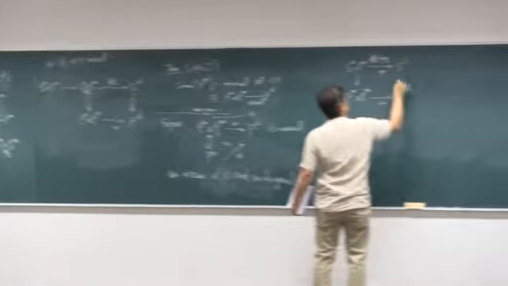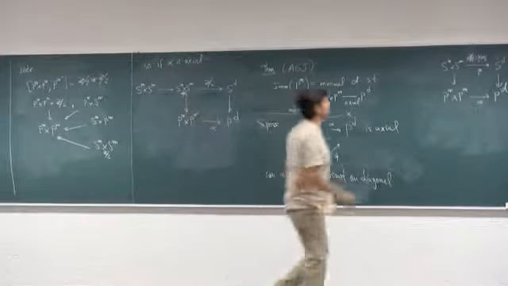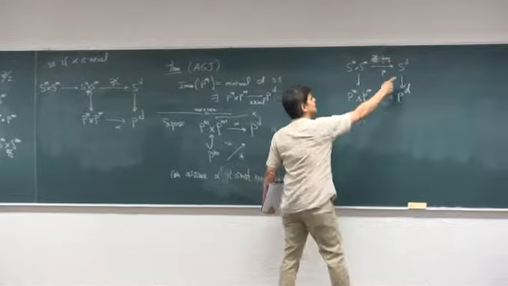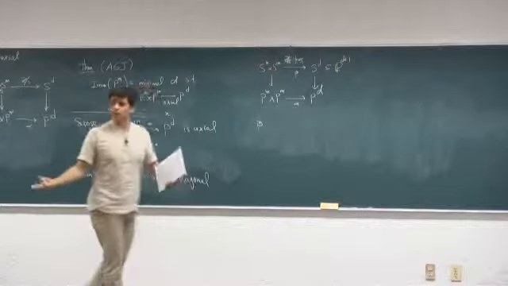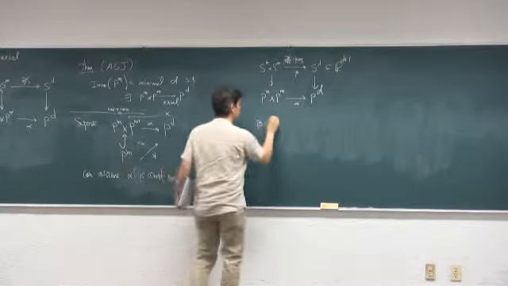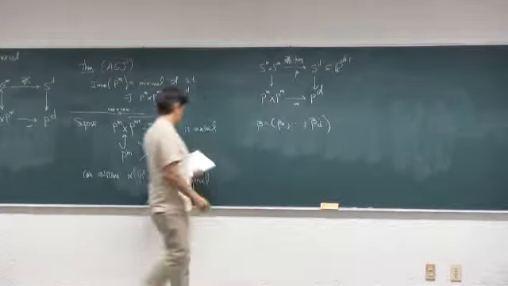Let me call it beta. Suppose that this map beta lands inside R^(d+1), so it has d plus 1 coordinates. Let me call them beta 0 up to beta d.